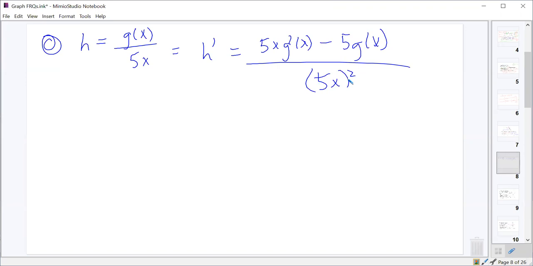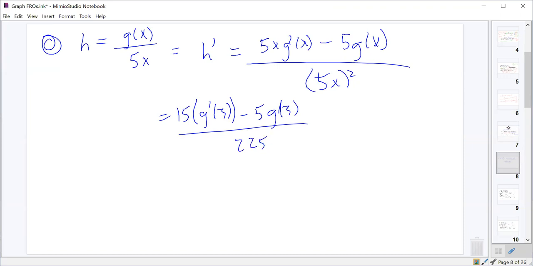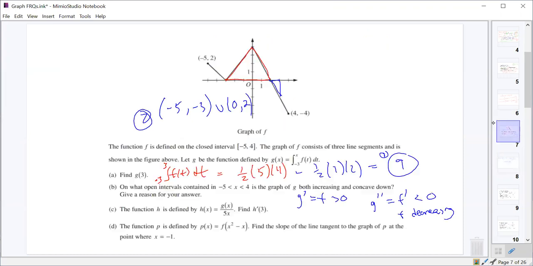And we're going to evaluate that at 3, which is going to give us 15 times g prime of 3, which we'll go back and look at in a second, minus 5 times g of 3, which we'll go back and find in a second, over 15 squared. And g of 3, we found up here, is 9.